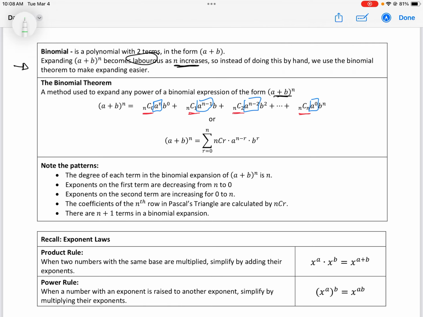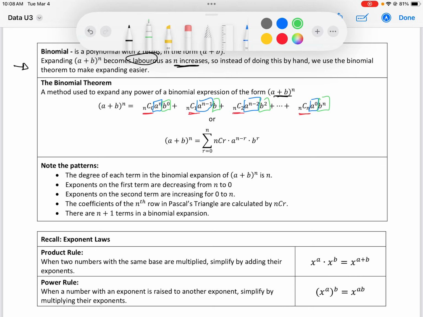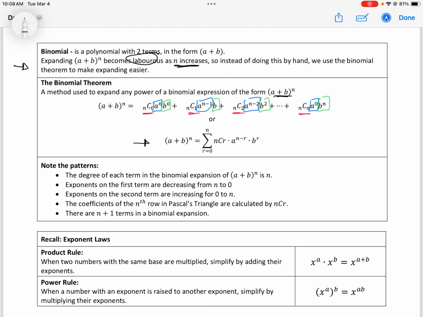And then b to the 0, b to the 1, b to the 2, all the way up to b to the n. We do have a sigma sum expression for this. It's just the sum of all integers from 0 to n, and then it gives the general form.